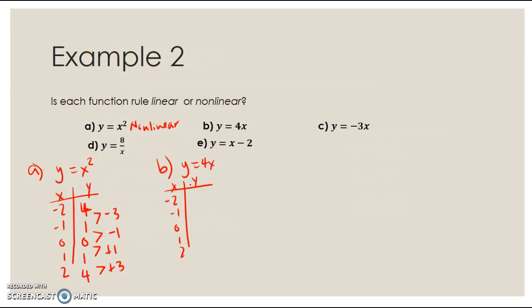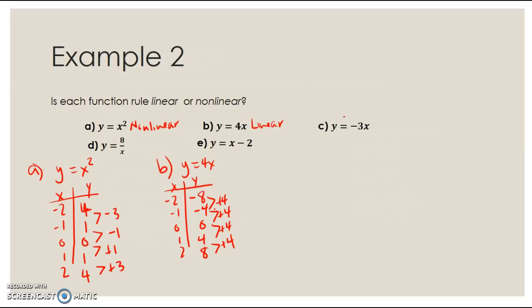Then I'm going to do 4 times -2, which gives me -8. 4 times -1 gives me -4. 4 times 0 is 0. 4 times 1 is 4. 4 times 2 is 8. And so when I look at this we added 4, added 4, added 4, and added 4. So that makes b a linear function.